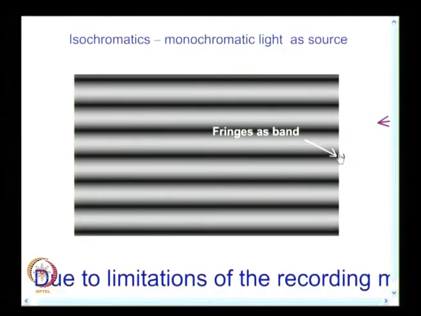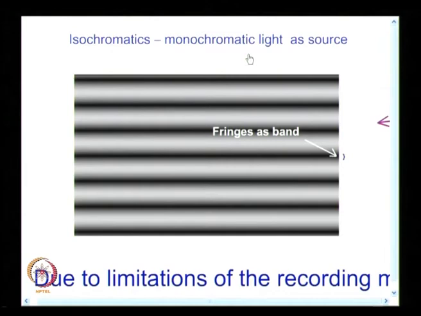The difference is I see the fringes as a band rather than a single line, and I see this as black and white contours mainly because I have used a monochromatic light source for illumination. In most optical techniques, it is desirable to use a monochromatic light source because you have a single wavelength and data interpretation is far simpler.